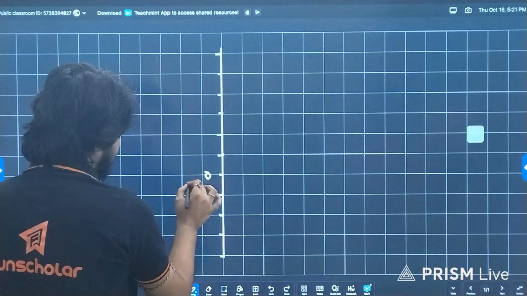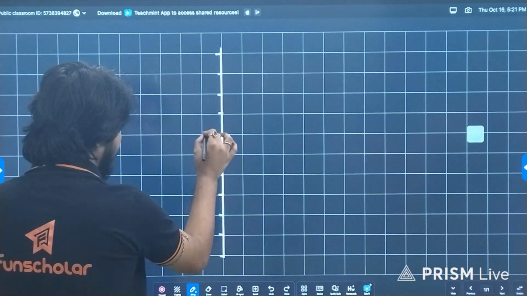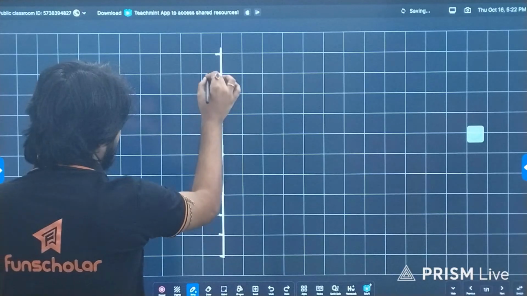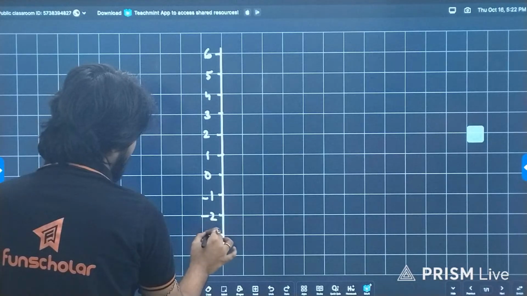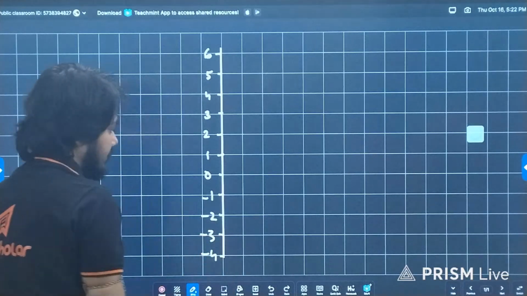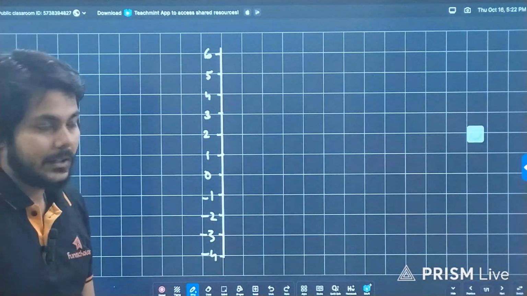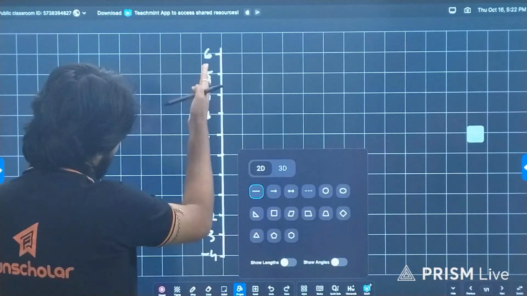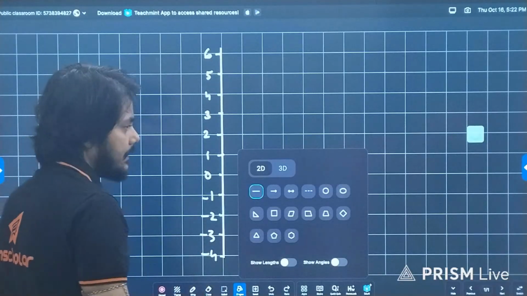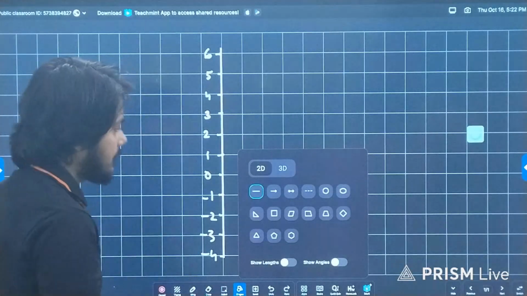Suppose this is 0, then this is plus 1, 2, 3, 4, 5, 6. This will be minus 1, minus 2, minus 3, minus 4. I am not describing why we are writing like this, as you already know about this.